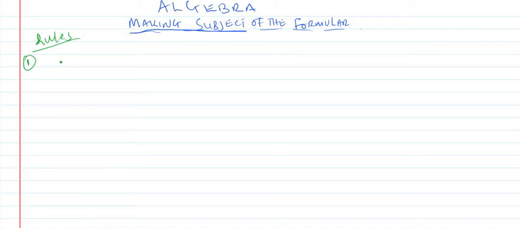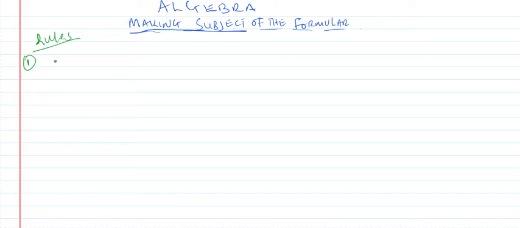Rule number one, when I say variable of interest, it means that letter or element in the equation that they have told you to make the subject.